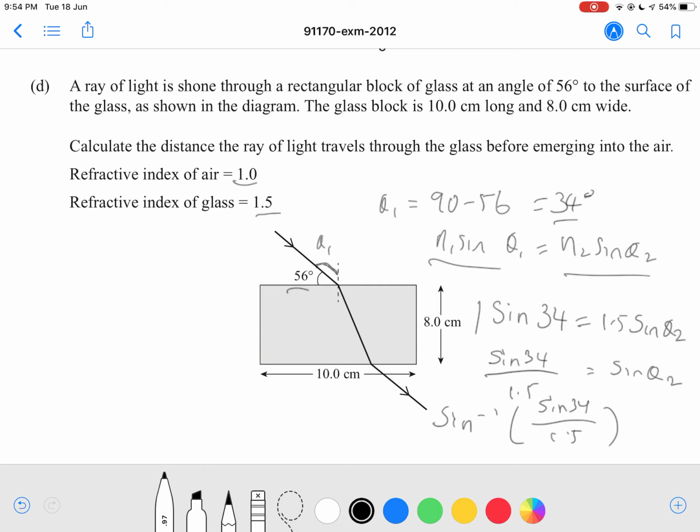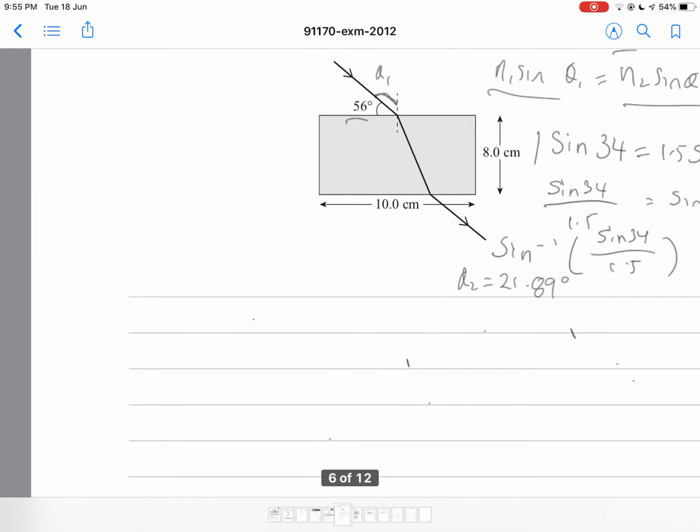That gives us 21.89. So our angle of refraction, theta 2, equals 28.89. Just let me double check that. No, 21. What am I doing? It's not 28. This is how you make mistakes. So 21.89 degrees.